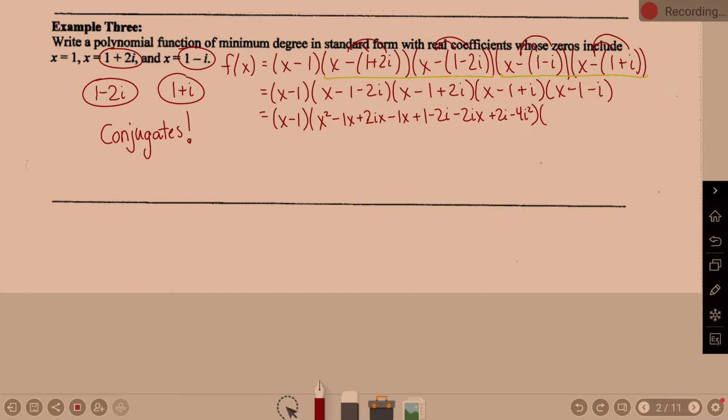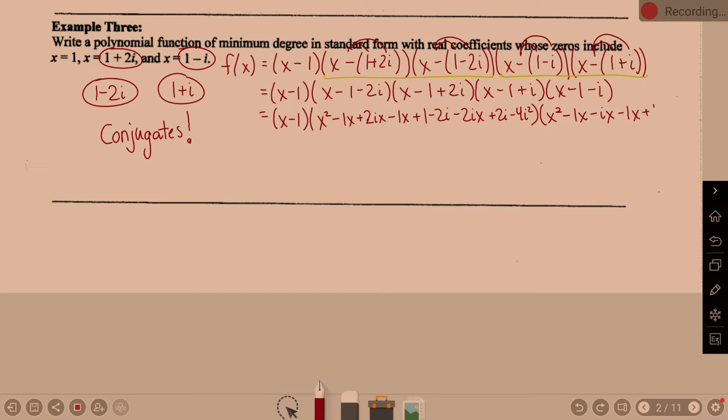Same way I've been doing these. I'm going to say x in the first parenthesis times x in the second parenthesis. So x times x, x squared. x times minus 1, minus 1x. x times minus i, minus ix. Then it's the minus 1 times everything in the next parenthesis. So minus 1x.